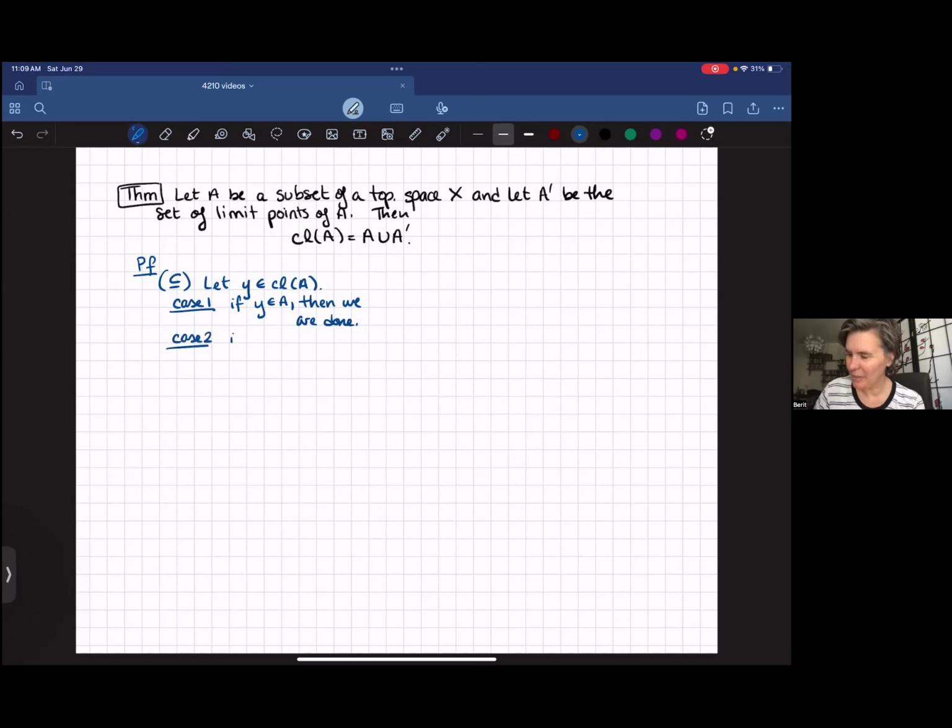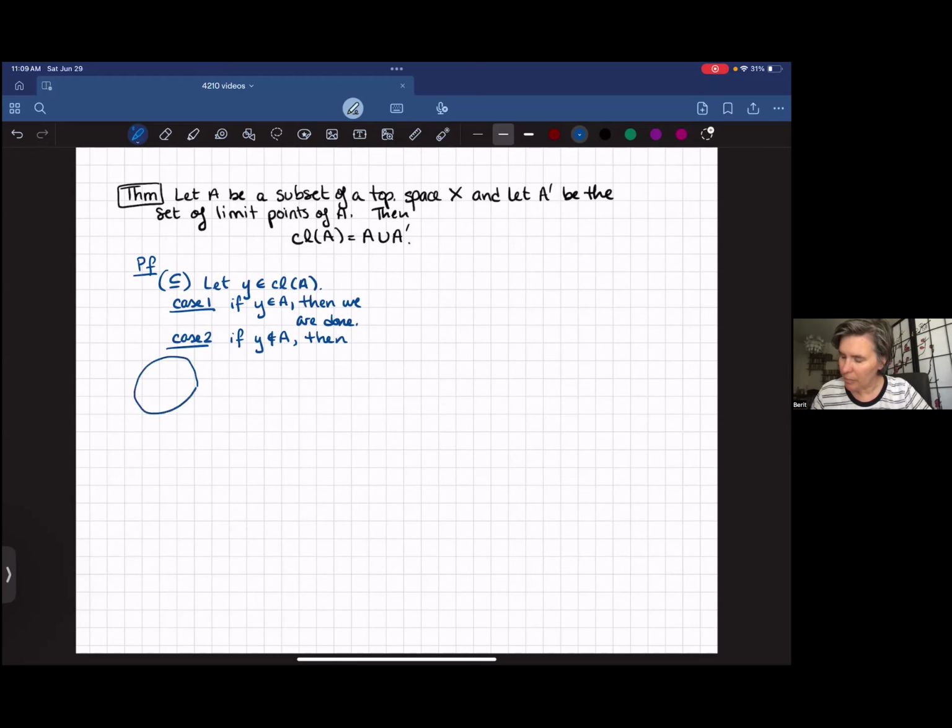Case two, if Y is not in A, and again, your cases have to be opposites. So since case one was Y is in A, case two has to just be the opposite of that, which is Y is not in A. So if Y is not in A, then, okay, what do we know about Y? We know it's in the closure of A. And we have the definition of the closure, and then we also had a theorem describing what kinds of points are in the closure. So let's try to think back about that theorem. That theorem talked about that Y is in the closure.